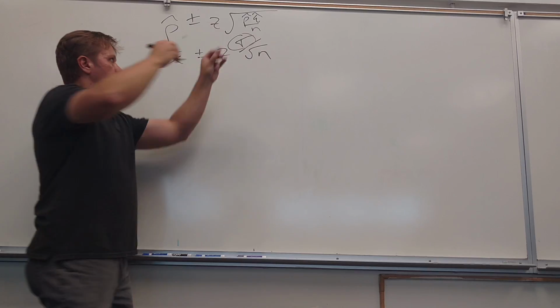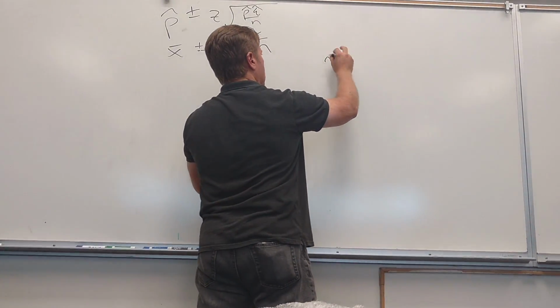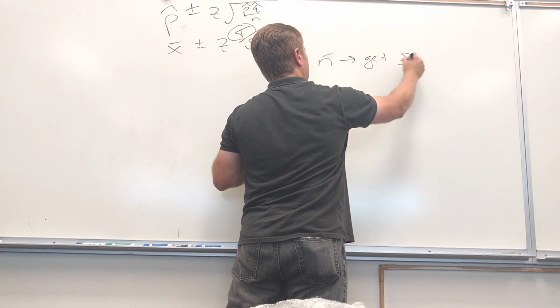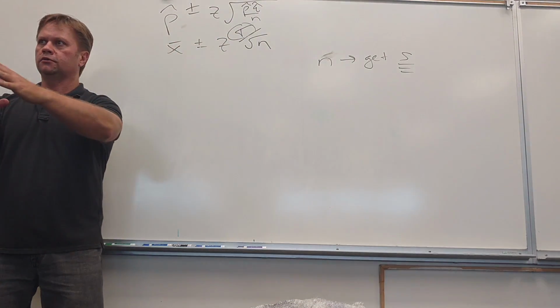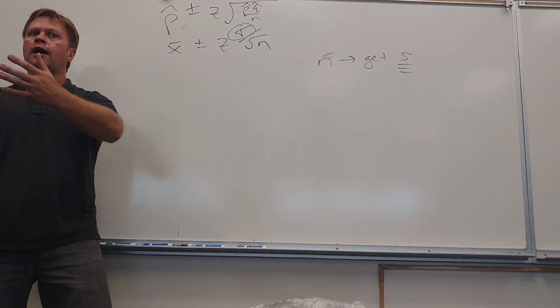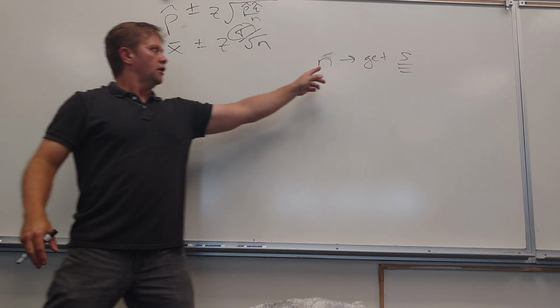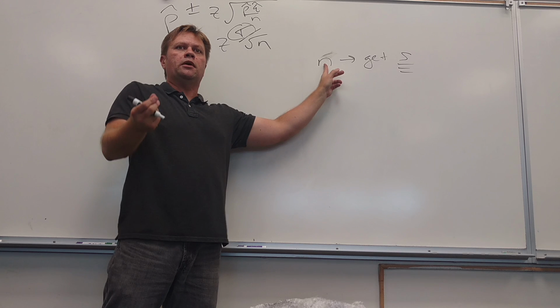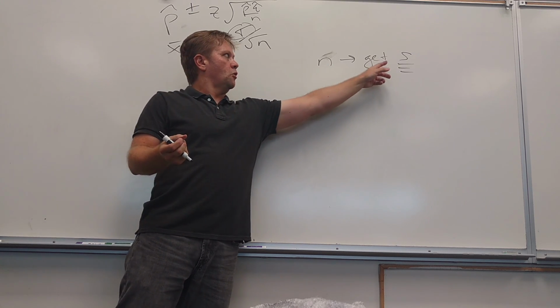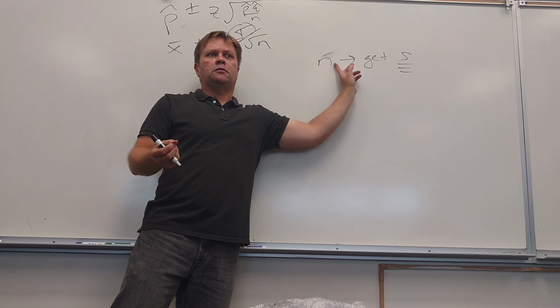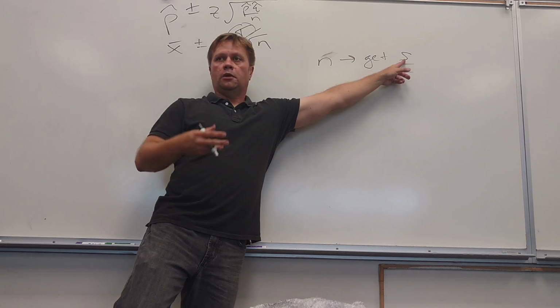In fact, if I take a sample of size n, and I get a standard deviation for the sample, and I want to use that as an estimate for sigma, then as my sample size gets bigger, am I going to be more or less sure about that estimate? More sure.